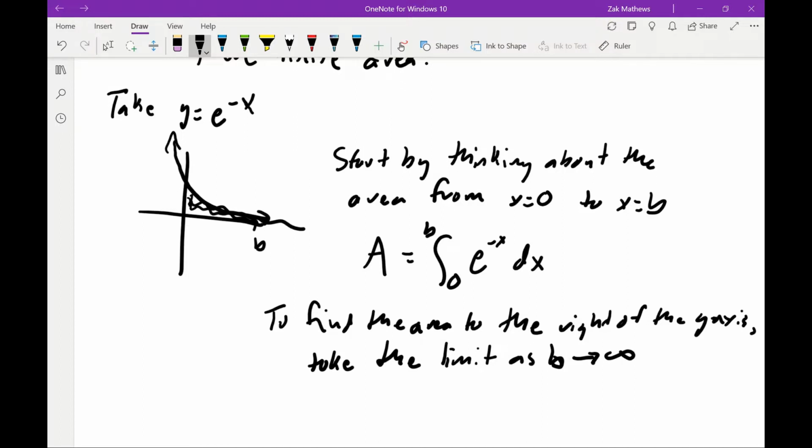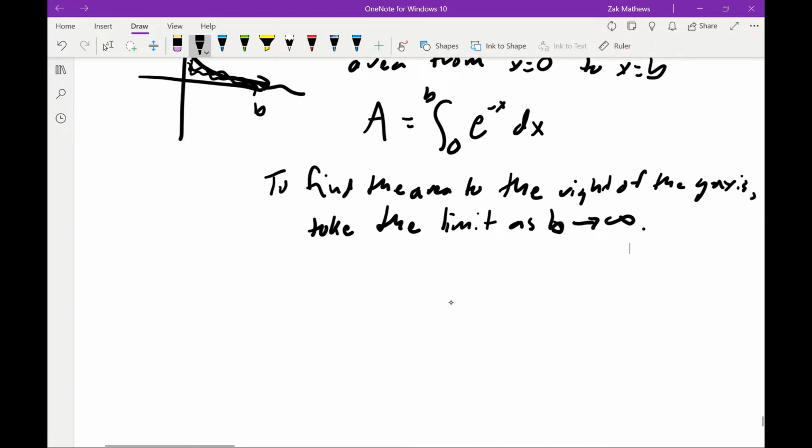We've already said let's start with just some value b, because that gives us a fixed endpoint, so we can find the area the same way we're accustomed to. But now what we're saying is I'd like that b to continue to grow infinitely, so let's use a limit. So now we can find this area under the curve as the limit as b goes to infinity of the integral from 0 to b of e to the negative x dx.